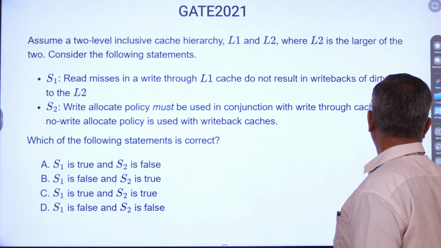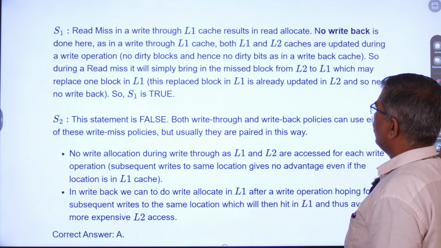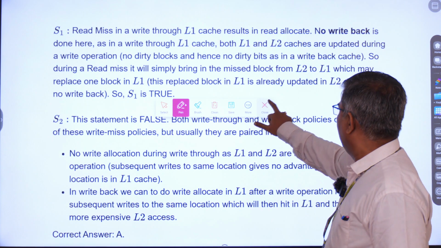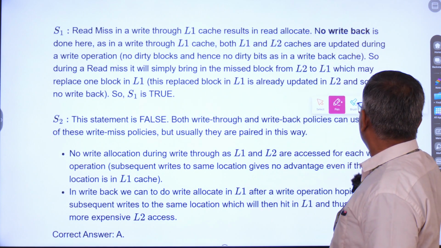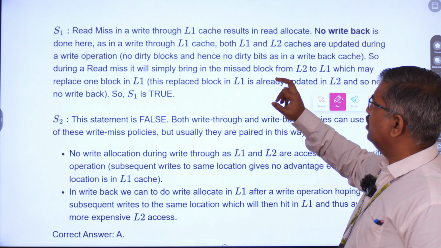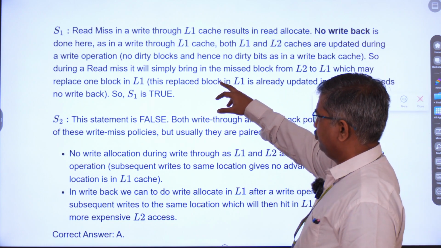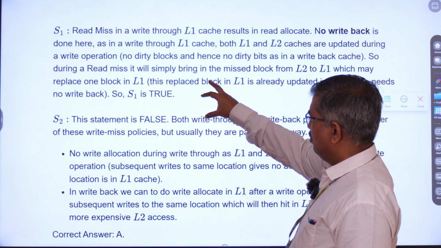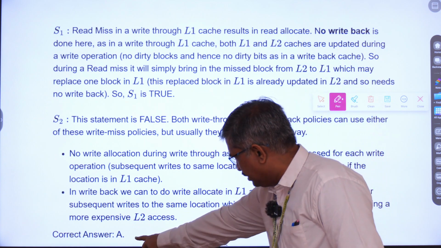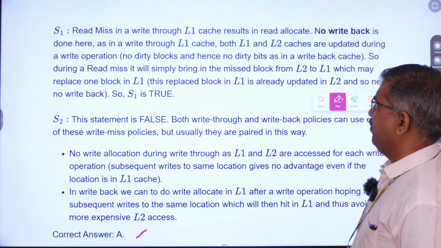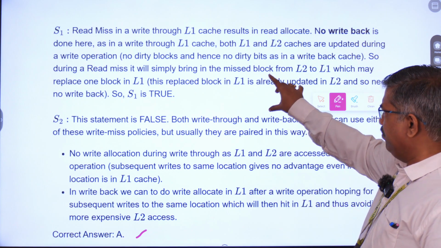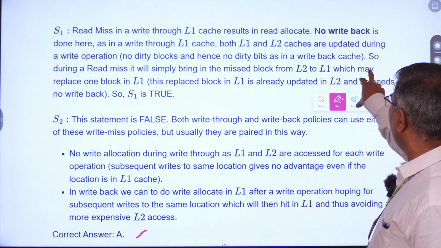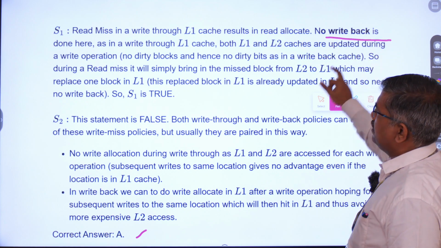Based upon the statements given here, S1 is read miss. With the help of the statements given in the question, we can come to the conclusion that the correct answer is option A. Read miss in a write-through L1 cache requires read allocate, and no write back is done here.